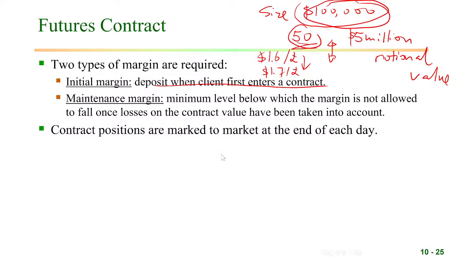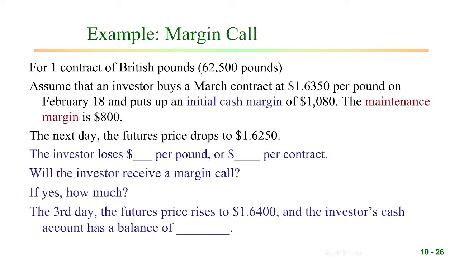Let's look at that. So suppose one contract of British pounds, and the contract size is this much, and you don't have to have that much money in your account to buy this contract. The initial margin is as long as you have this much money in your account, then you can buy one contract.